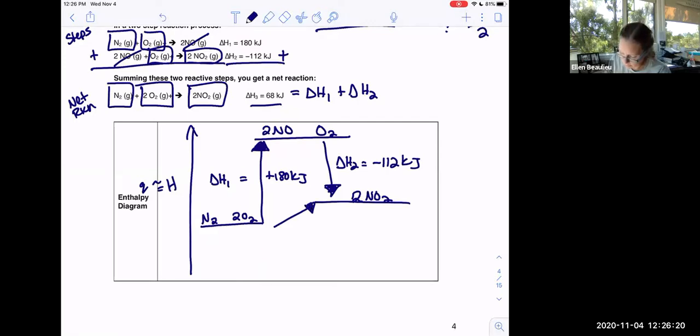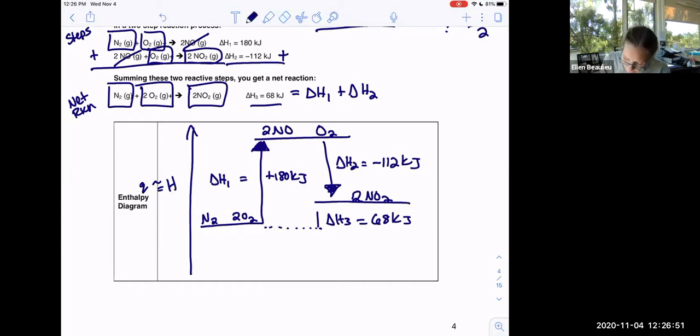So if I put a dotted line, if I want to think about this in terms of the amount of energy overall for this net process, that is a positive value of 68 kilojoules. So when I add those two steps together, overall, I have to put in energy to make that process occur.